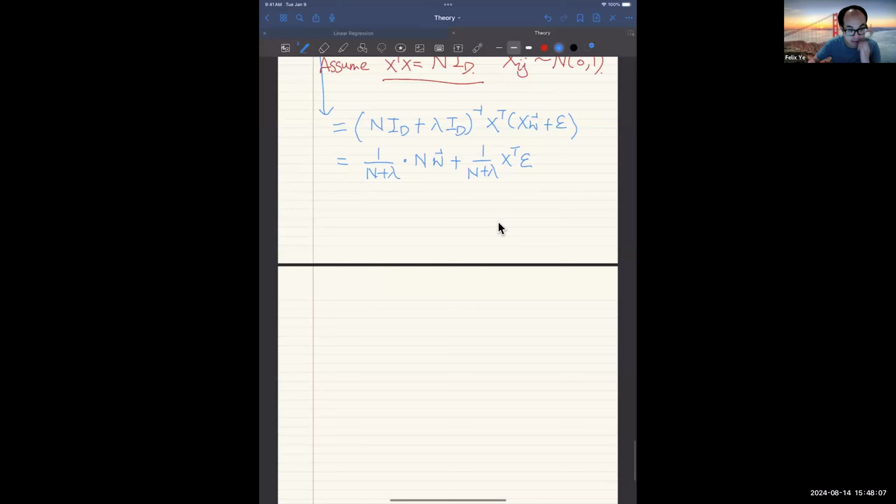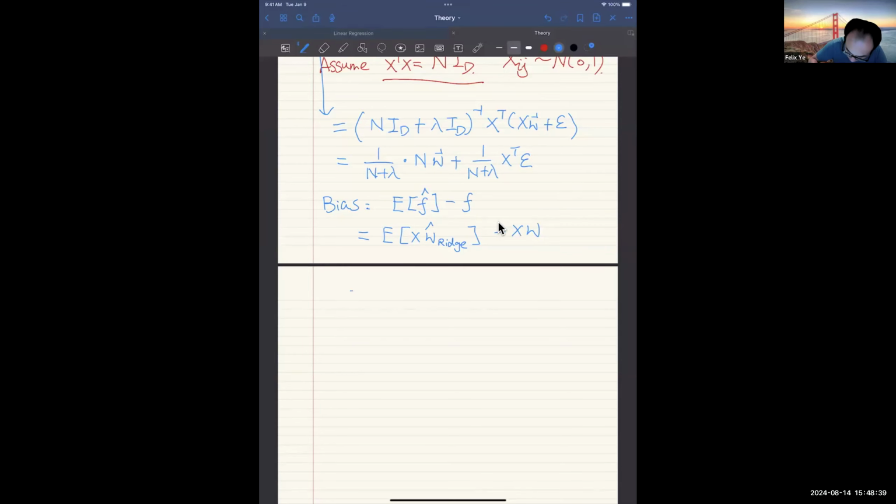So the bias here is the expected value of f hat minus f, which is equal to the expected value of x times w hat ridge minus x times w.